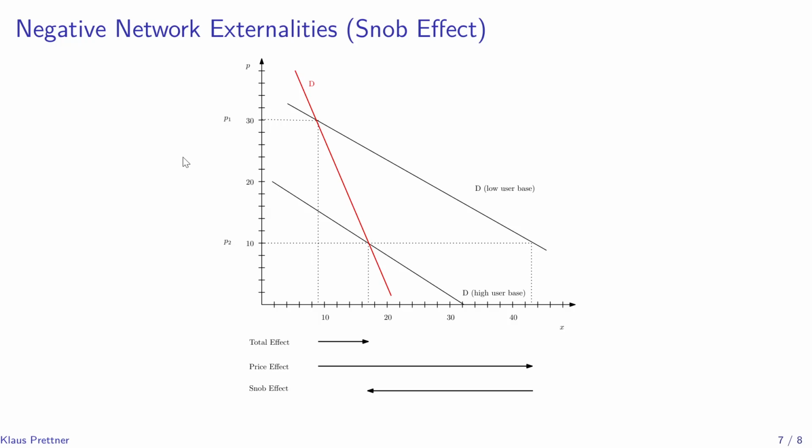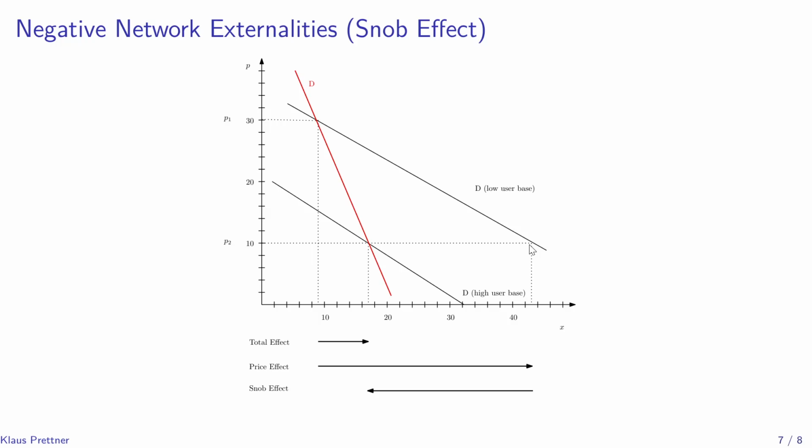And then we can again decompose the total effect into the price effect and now the Snob effect, the externality effect. We move from the initial situation here to the new situation with a higher demand and a much lower price P2. So the total effect is the first arrow here, which is comparatively small.